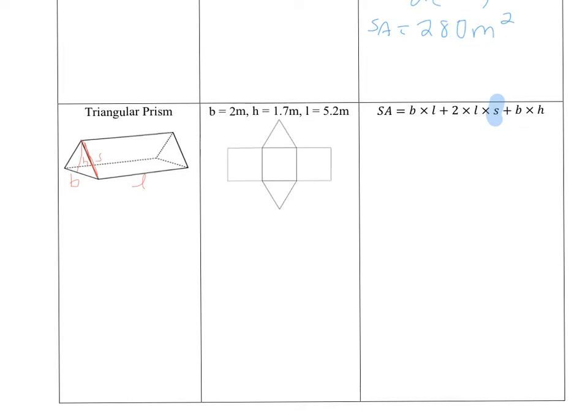Okay, so once again, look at all the shapes that we have. We have 2 similar rectangles, we have a middle rectangle, and we have 2 triangles there. Once again, just so you guys can see, this is my height right here. This is my base.